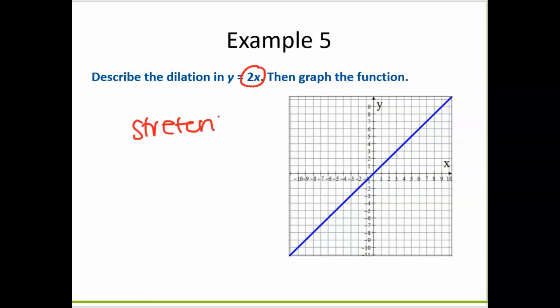So that is stretched by 2 for the linear function. It's going to be steeper, therefore it is stretched. And again, you can see the red graph happens much more quickly than the blue.